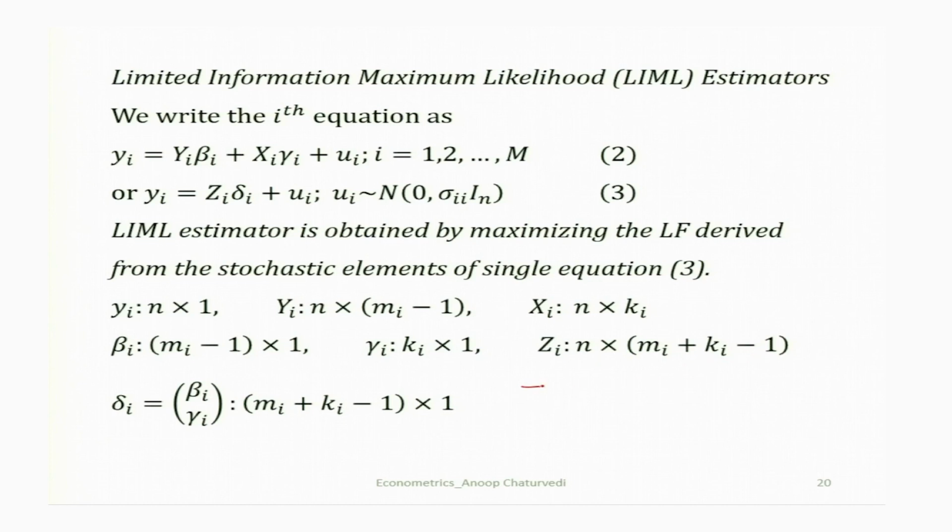In fact, Z_i is equal to (capital Y_i, X_i), and then delta_i is equal to (beta_i, gamma_i).